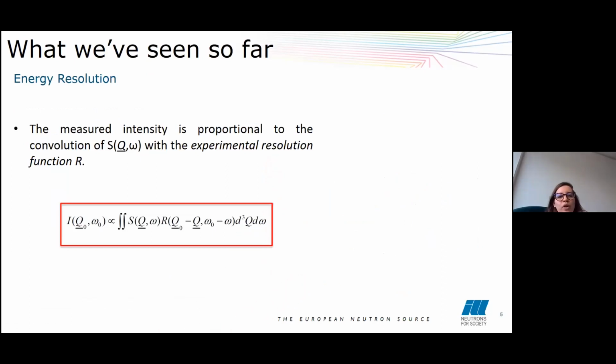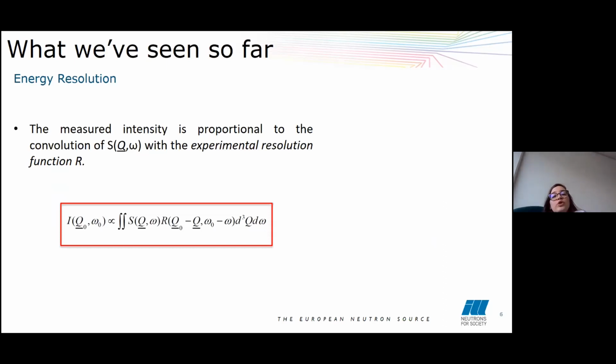So one thing that we have to keep in mind is that in this experiment, the scattered neutrons are being counted in the detector. But the neutron optical elements are never perfect. So the measured intensity in the detector is not simply proportional to S(Q, omega).